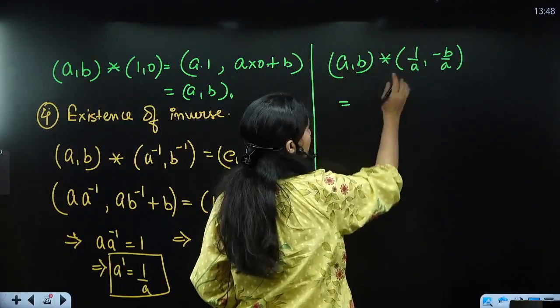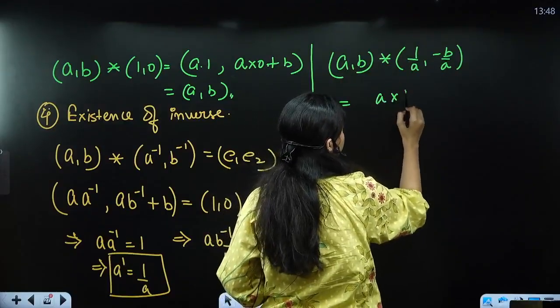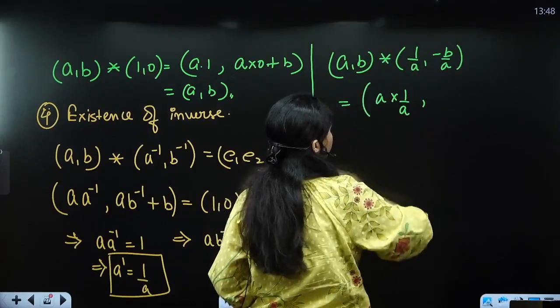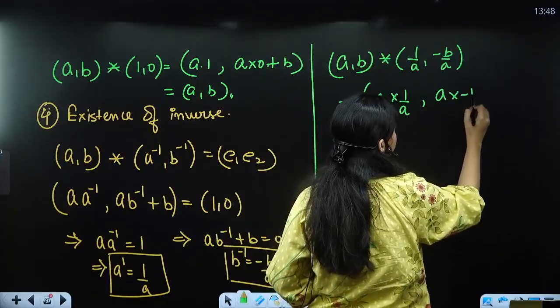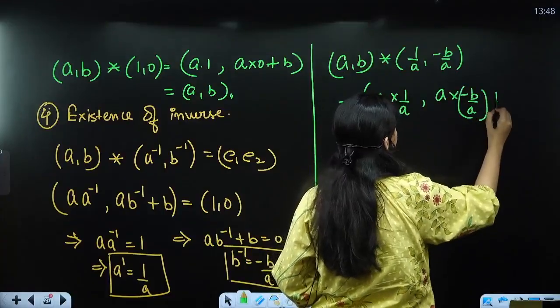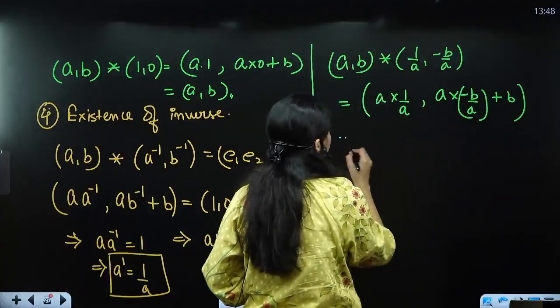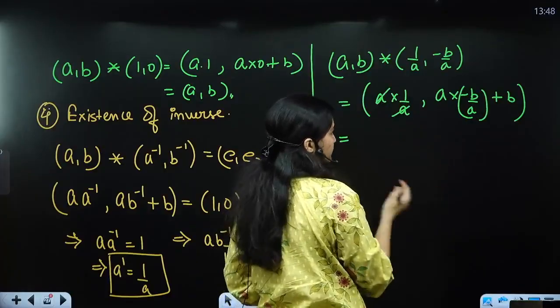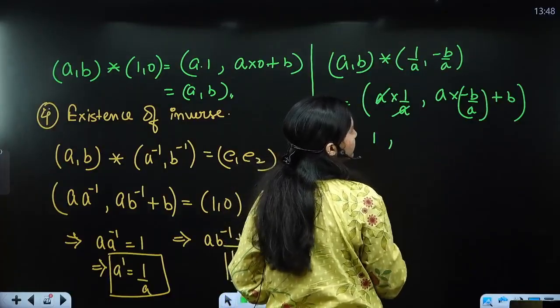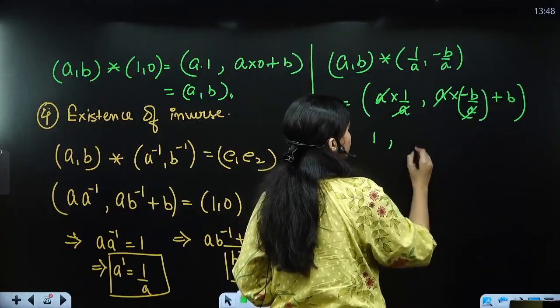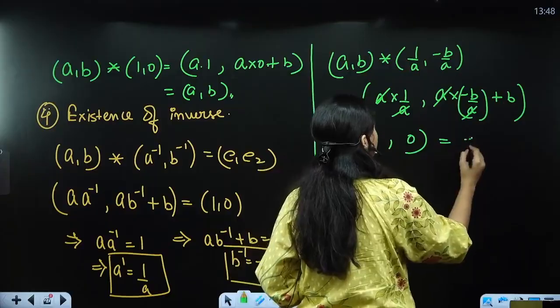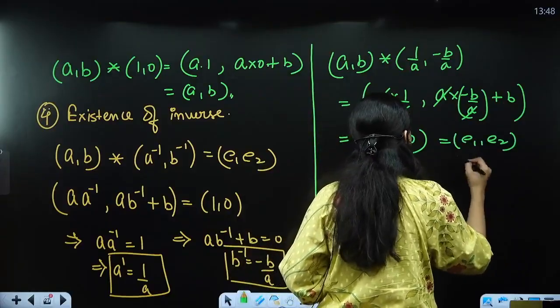This is a into 1 upon a, the first coordinate, and then you multiply a into minus b by a plus b. The a cancels with a, this is 1, and here a and a will be cancelled, minus b plus b is going to be 0, which is nothing but (e1, e2).